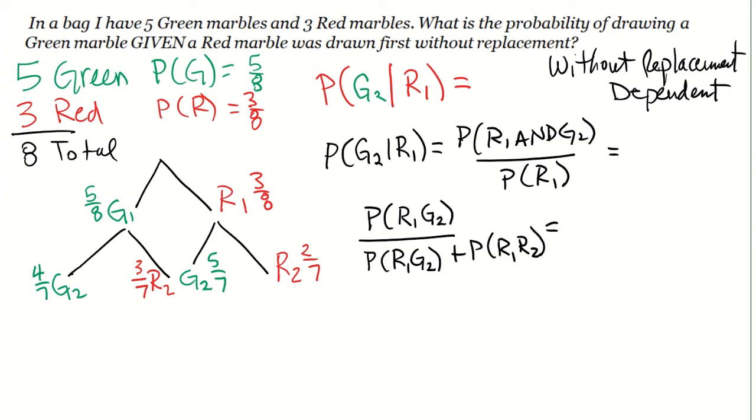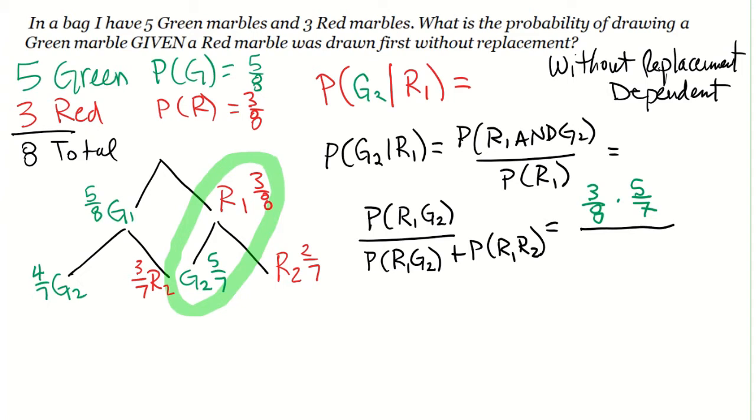So once again, let's visually look at the sample space so we can see what it is that we are calculating. The first thing we're looking at is we want to draw a red and then a green. So that is this right here. So we're going to put those numbers on the top. So that's going to be 3/8 for my red and 5/7 for my green.